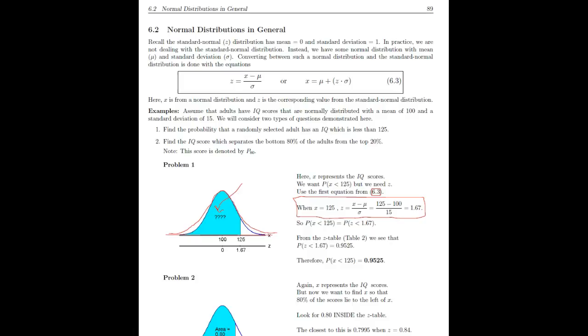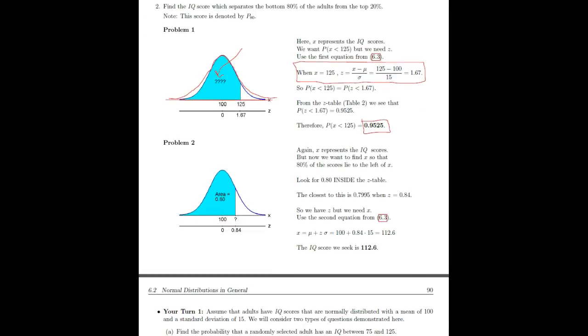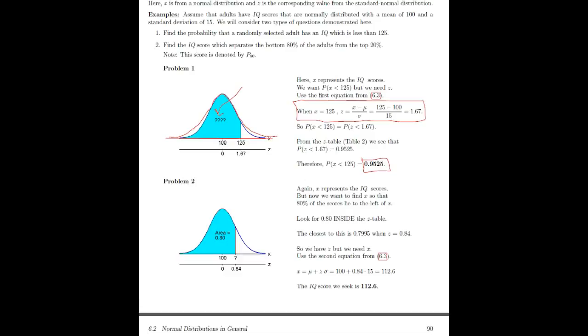We go to our table and look that up, and since it's area left, it's just the probability given by the table itself, which turns out to be 0.9525.